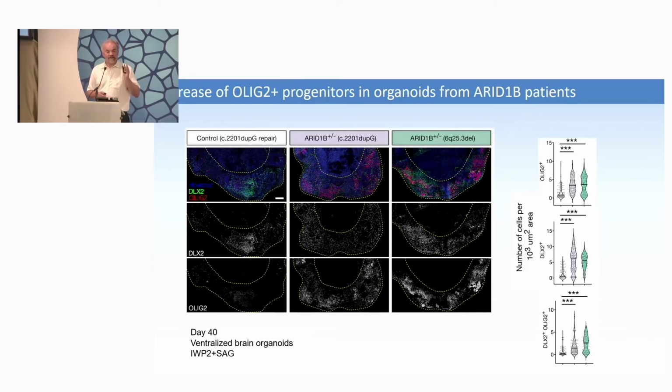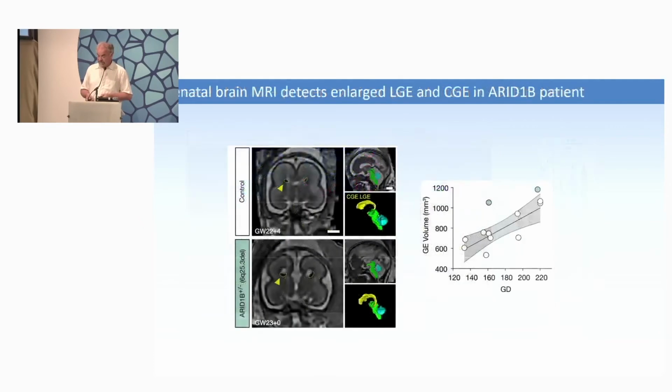Now, one important feature of this is that the interneurons that are generated on the ventral side, as I showed you on the first slide, are migrating out, and that's a reason for why these ganglionic eminences are becoming smaller during development. And in ARID1B mutant organoids, there's a higher likelihood that they actually become oligodendrocyte precursors, which in this early stage are not migrating out. So one prediction of this would be that these regions of the developing brain should actually be larger in these ARID1B patients.